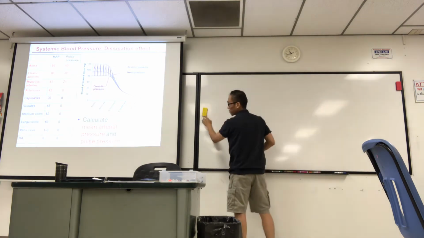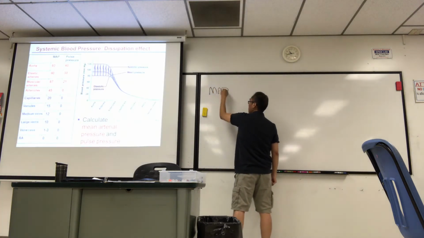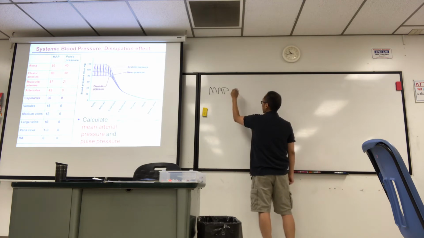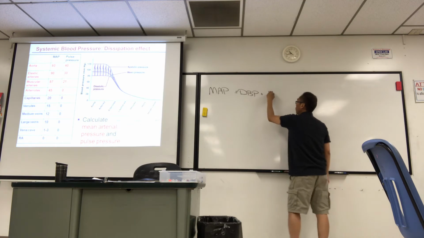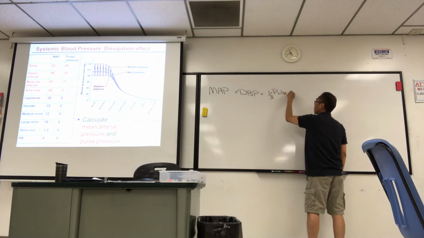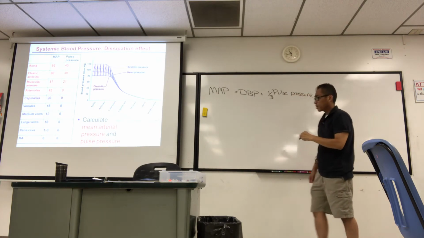Mean arterial pressure, I'm going to abbreviate it MAP, equals the diastolic blood pressure plus 1/3 of pulse pressure. Well, I better tell you what pulse pressure is.